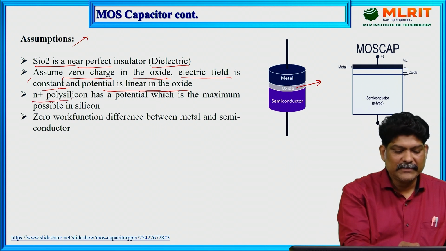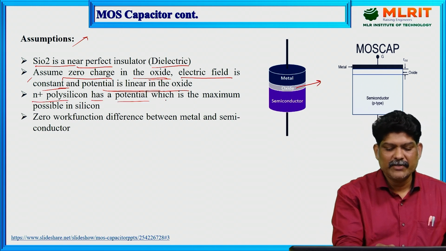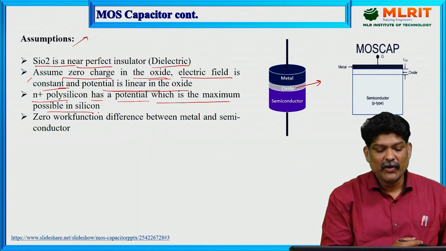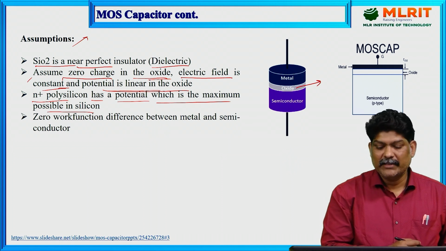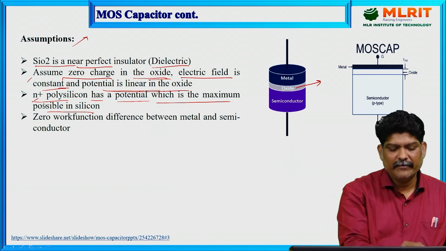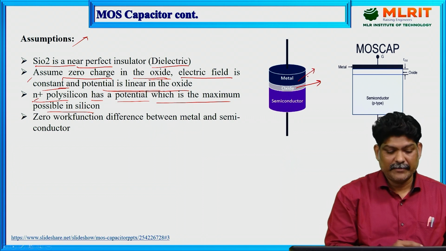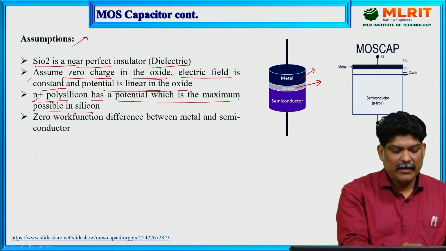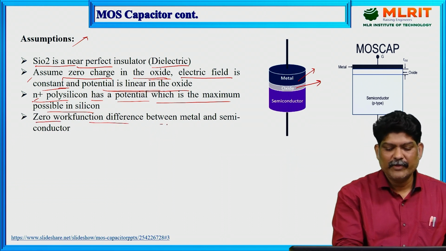N plus polysilicon has a potential which is the maximum possible in silicon. So polysilicon acts as a metal, and the top layer has a potential which is the maximum possible in silicon. Next, zero work function difference between metal and semiconductor.